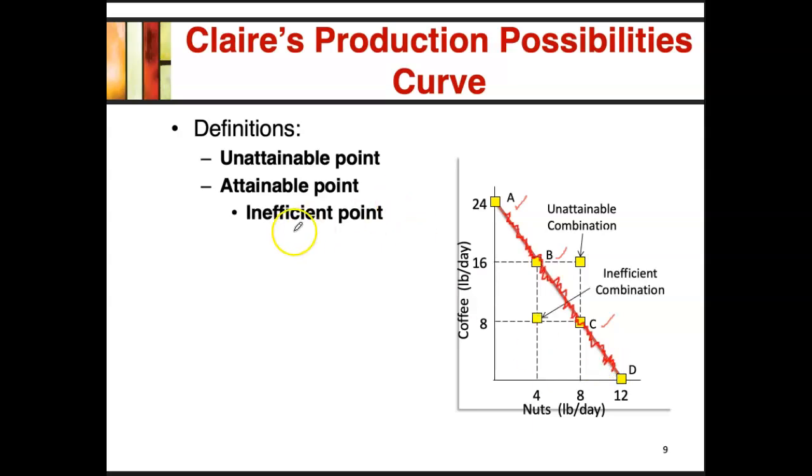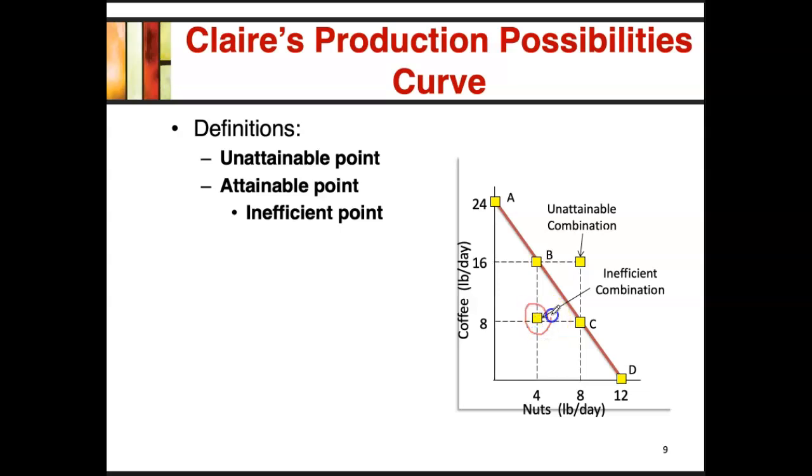And one more thing, I should have mentioned it: any point beneath the production possibilities curve is also attainable.